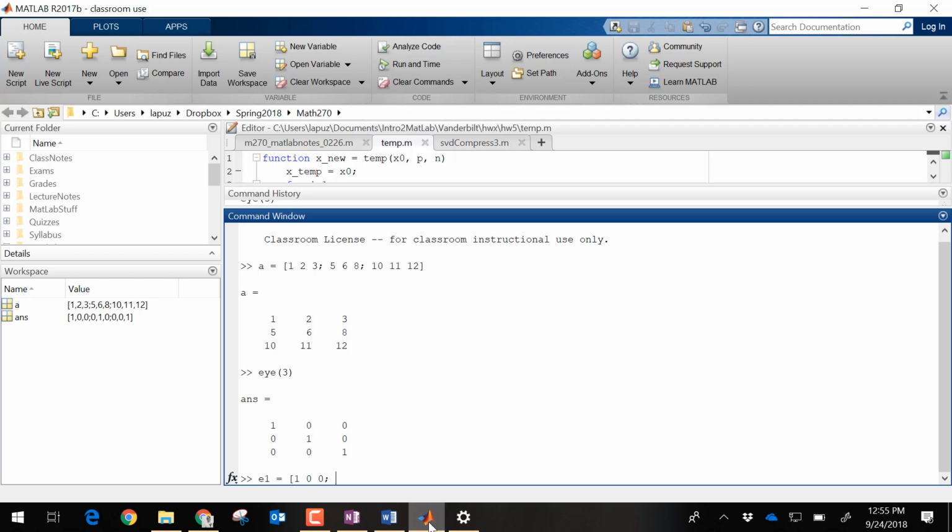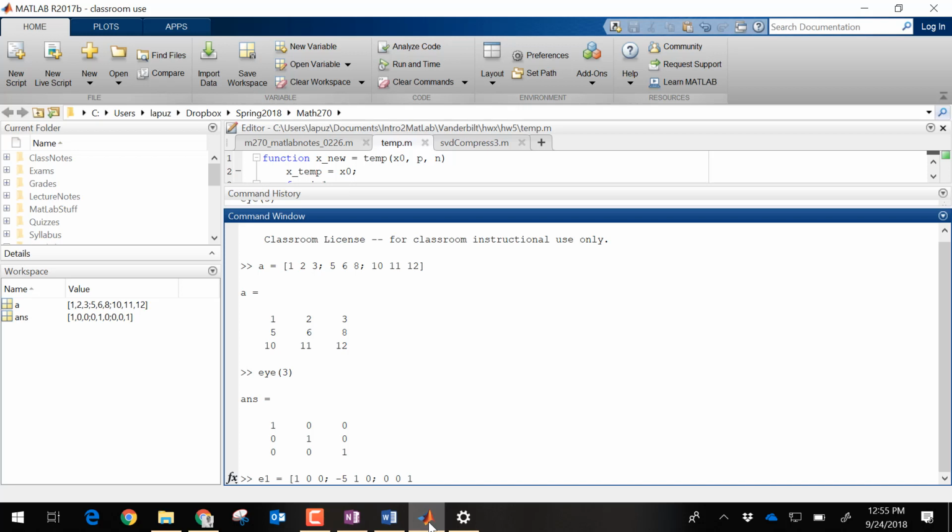So 1, 0, 0. What's the second row going to look like? Negative 5, 1, 0. I need semicolons.